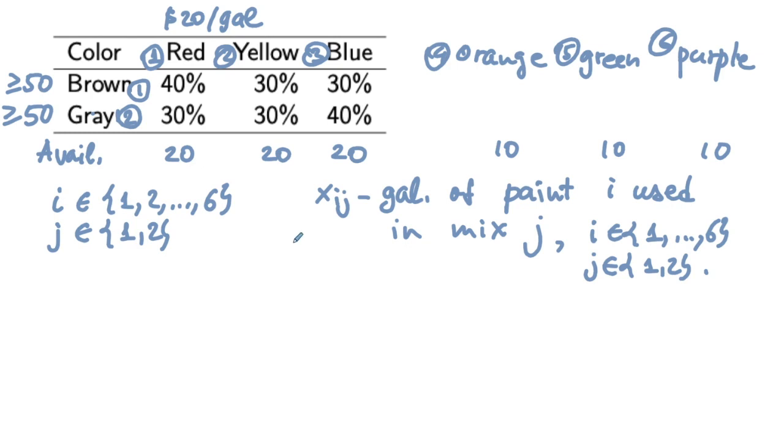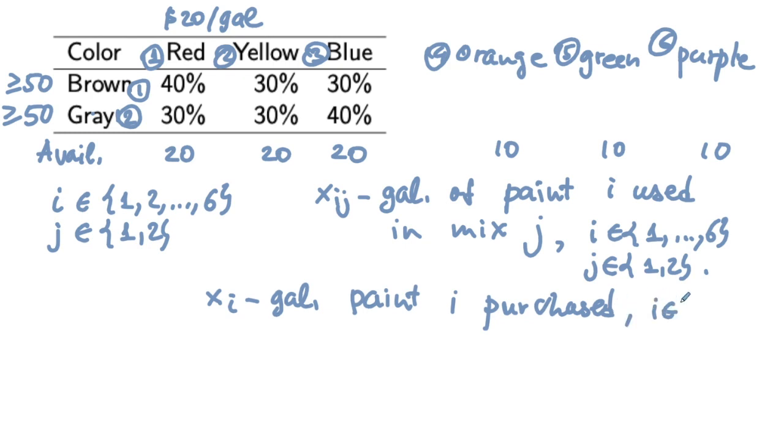So let's denote by x_i the gallons of the paint i purchased, where i is between 1 and 3. We can only purchase the primary colors, red, yellow, and blue, and the indices describing these colors are exactly 1, 2, and 3.